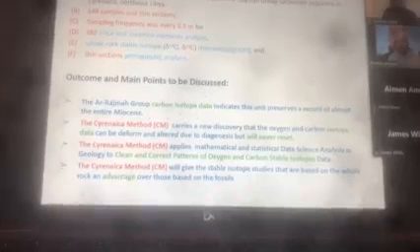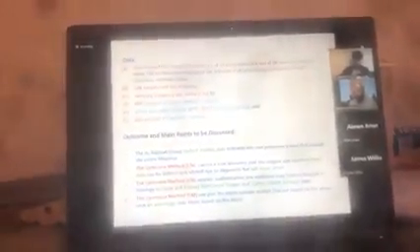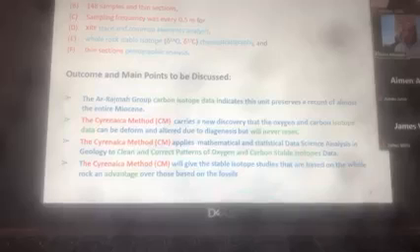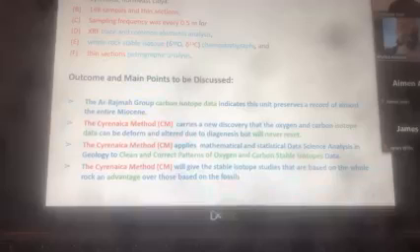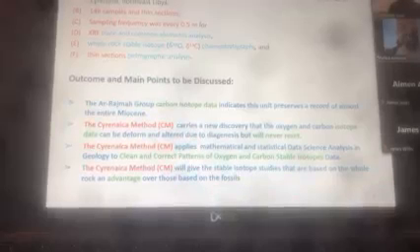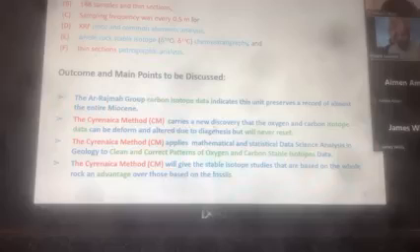The most important outcomes here: the carbon told us that almost the whole Miocene is preserved, and the Cyrenaica method, abbreviated CM, is a new method and carries a discovery that isotope data, especially oxygen, can be altered due to diagenesis, but will never reset. So we can separate the noise from the original data, the clean signal, in a way very comparable to the clean data that we can get from the fossil method. So we use it here in this data, whole rock method.